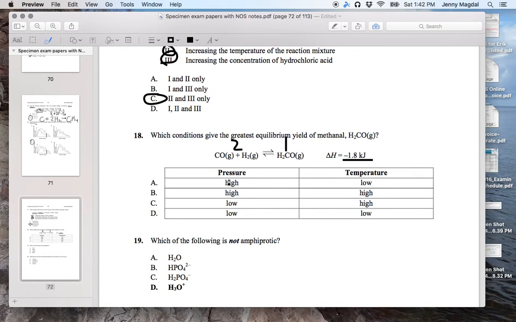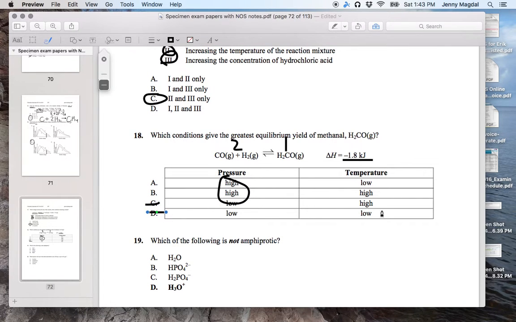If I increase the pressure, so I have a higher pressure, I'm going to shift to the side that has less particles, as a reaction to the stress that I've caused. So that would be shifting to my product side, the H2CO, the methanal. So that's one that I want. I like that high pressure. So it's either going to be A or B. We know it's not going to be C or D.